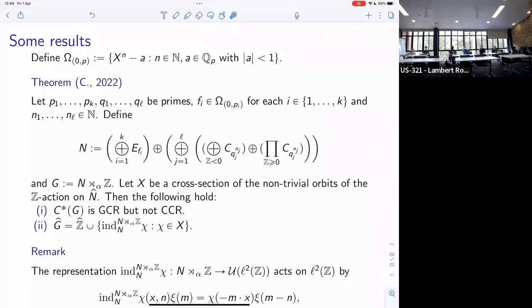Now I've proved the following results about the representation theory of the associated Baumslag-Solitar-type groups.